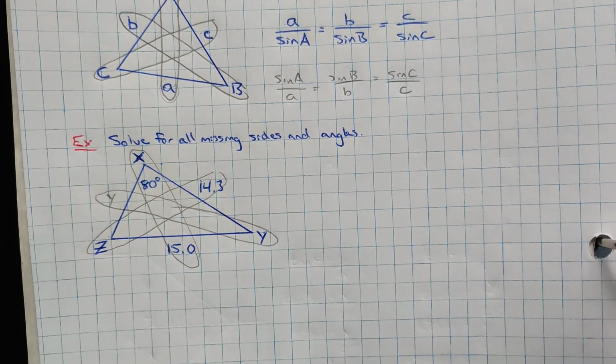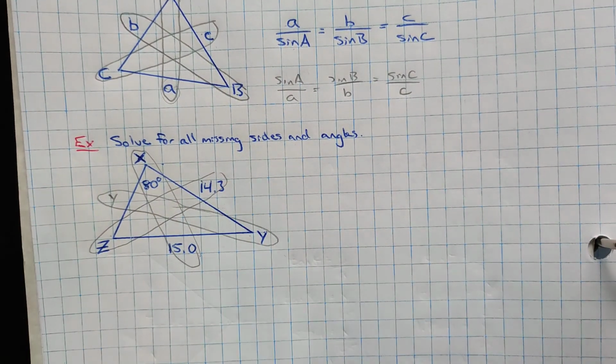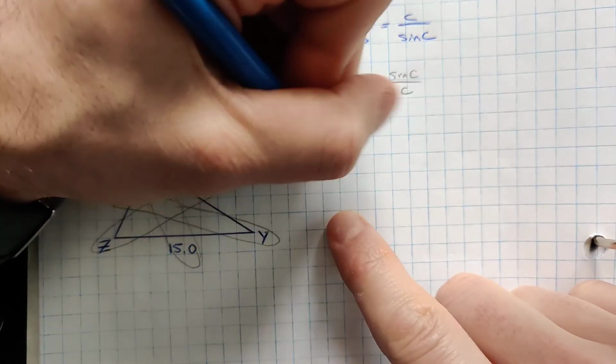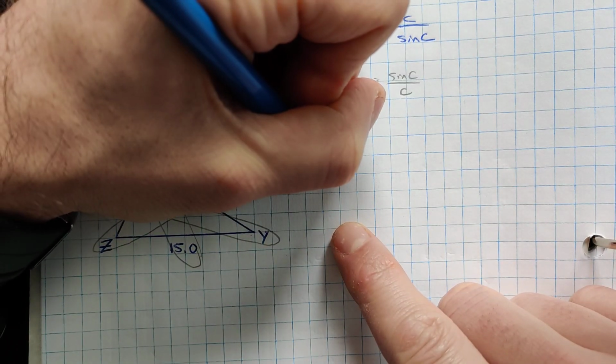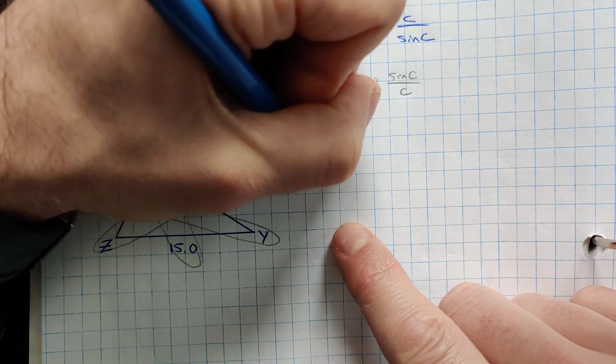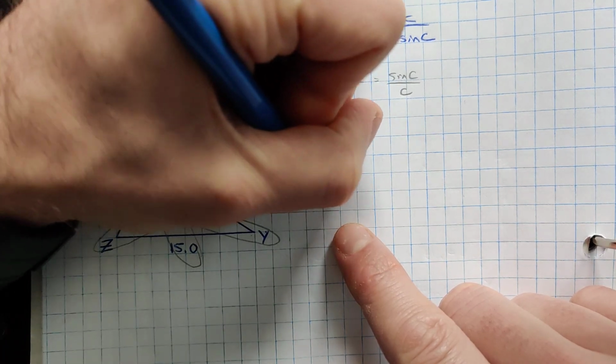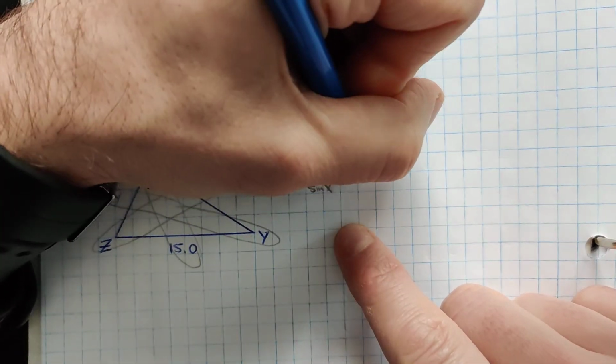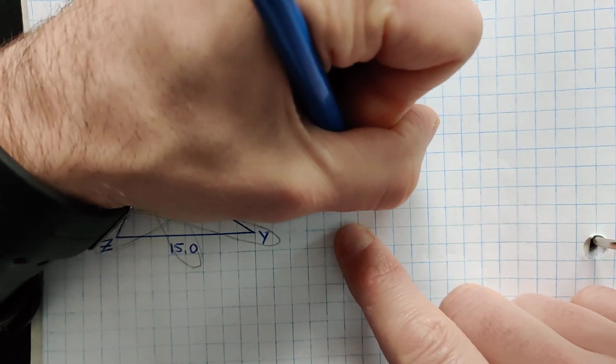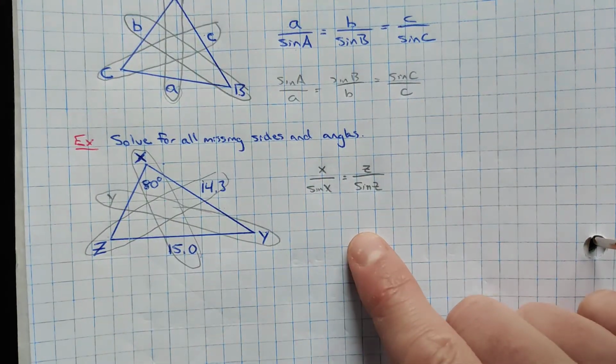We have nothing in the case of the Y, but the X and the Z, we do have some information. So we have X over sine X equals Z over sine Z.